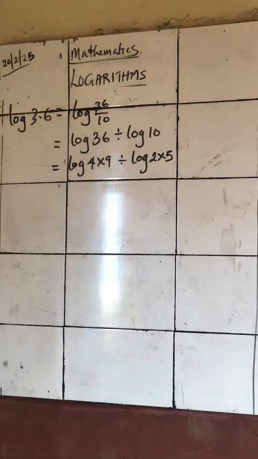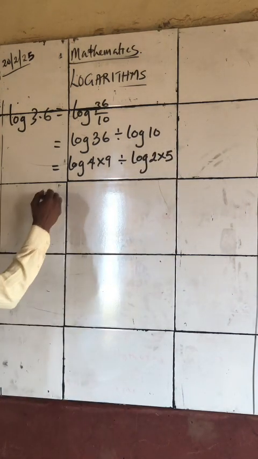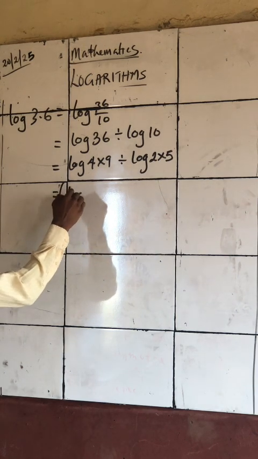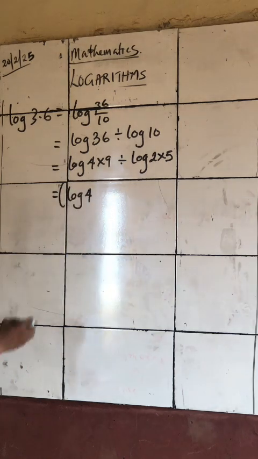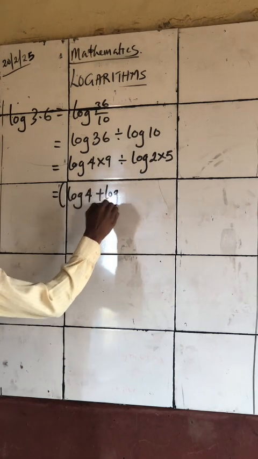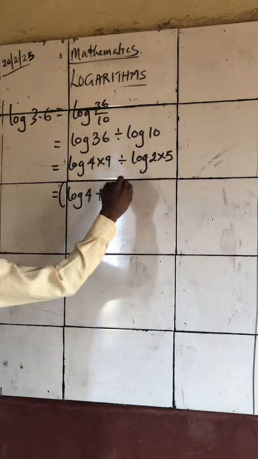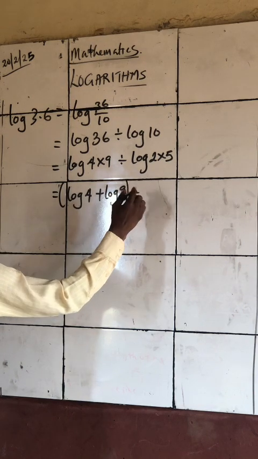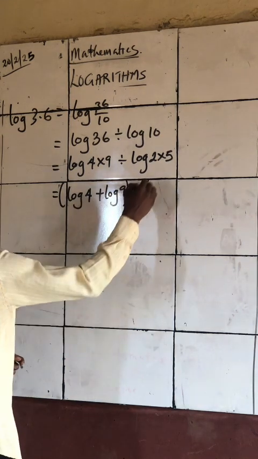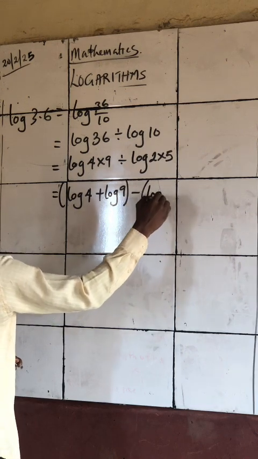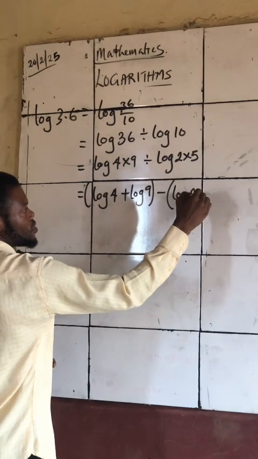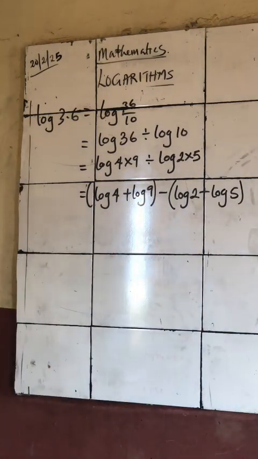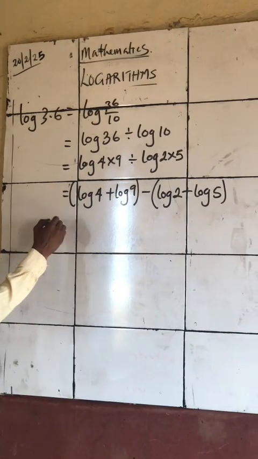Which means I will now have log 4 plus log 9, then divided by, and our division will become minus, open bracket, log 2 plus log 5.